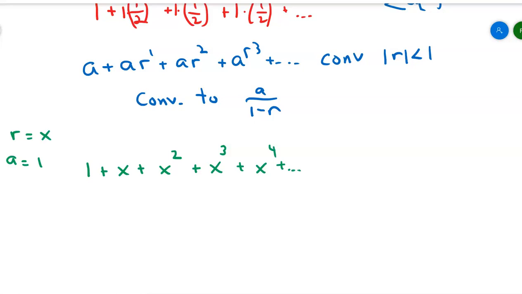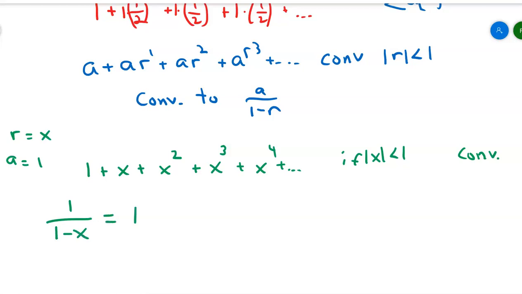And this keeps going. Now, I know that if the absolute value of x is less than 1, then this actually converges. All right, what does it converge to? This is important. What it converges to is a over 1 minus r. So in our case, a is 1 and r is x, so I get 1 over 1 minus x.